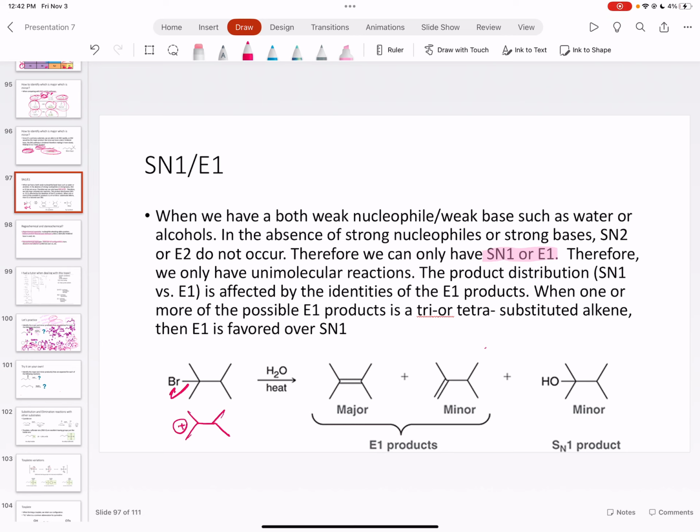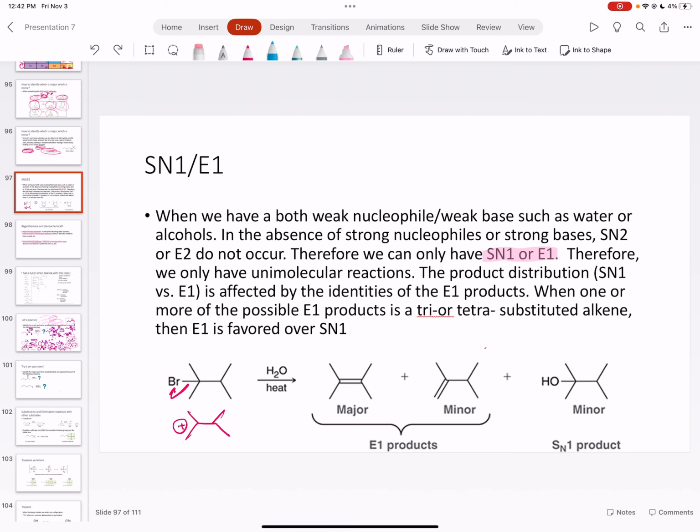Therefore, we already have it at its most stable state. So for this one, to get our SN1 product, we're just going to do a nucleophilic attack. And then we're going to do our add-on step to remove that extra hydrogen that we're going to get.